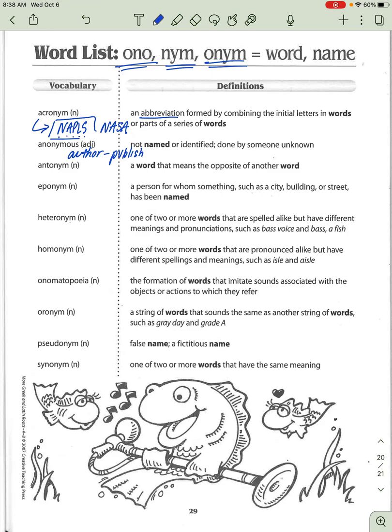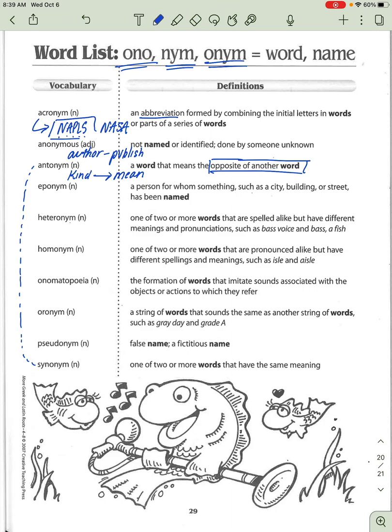Okay, the next word is antonym. You guys have heard this one before, and if we look down here, because I knew this was going to happen, if they put antonym on there, they're going to put synonym, because those two go together. Those are opposite words from each other. An antonym is a word that means the opposite of another word. So you could say that if the word was kind, an antonym would be mean.